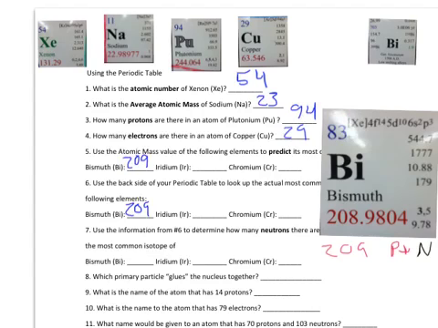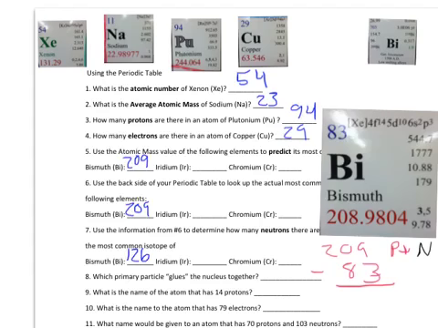The atomic number is the number of protons. So bismuth has 83 protons. So let's just take those away. We're going to take away 83 protons, and it looks like that's going to give us 126. So we've got 126 neutrons.